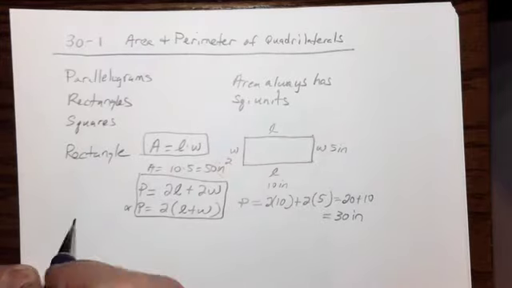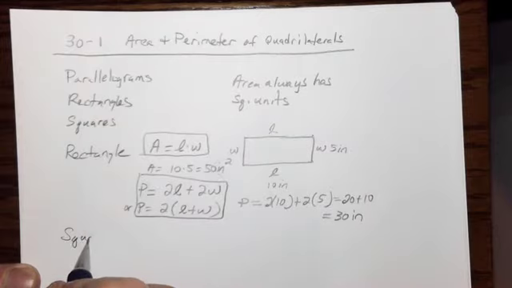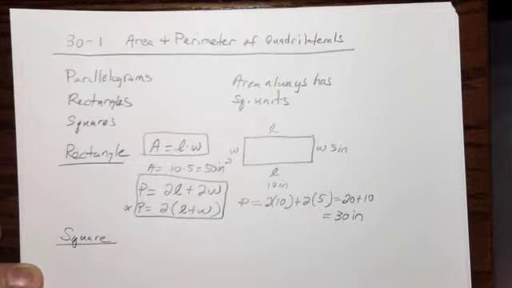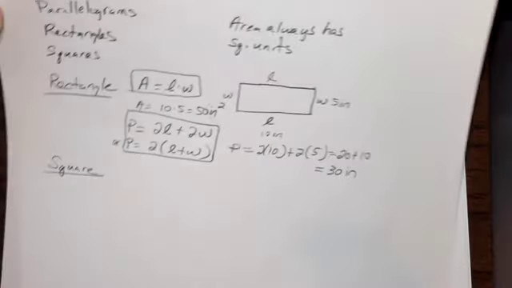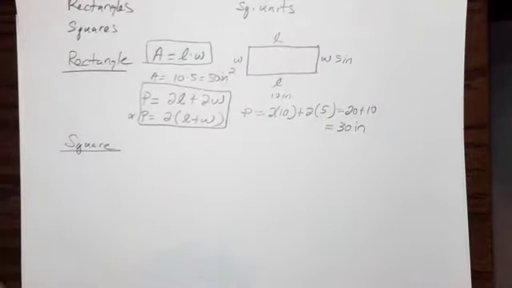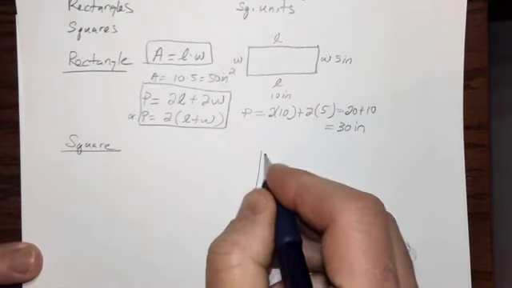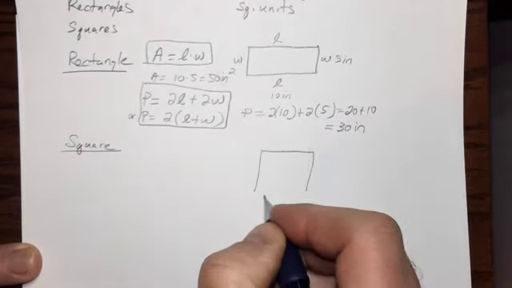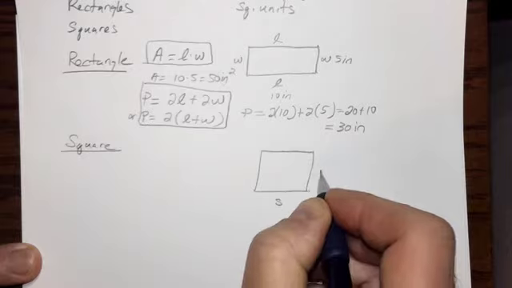Okay. A square is a rectangle, so it really follows the same information. If we look at a square, all a square is, is a rectangle where all of the sides are the same.